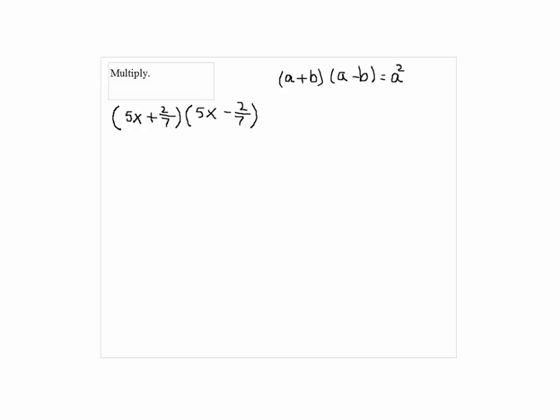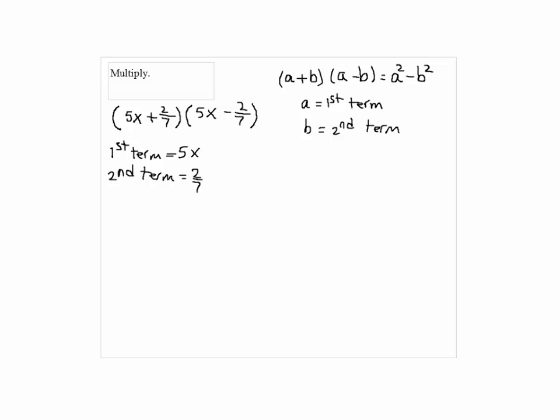Recall, if you have a plus b times a minus b, this would be equal to a squared minus b squared. So in this case, a is the first term, b is the second term.